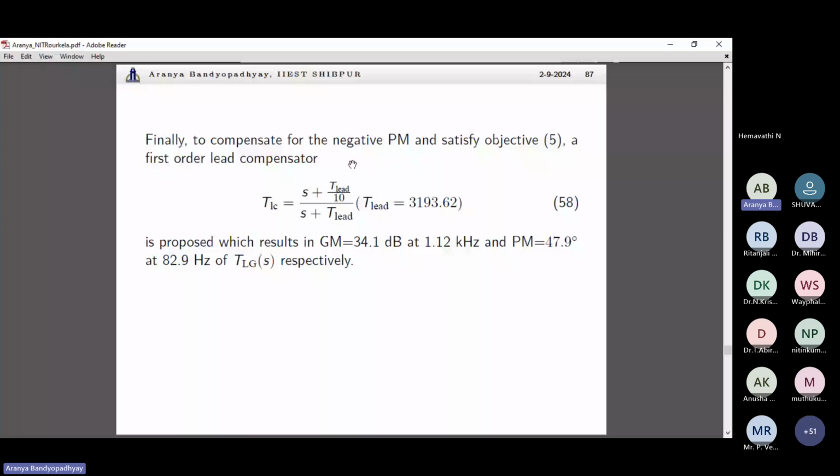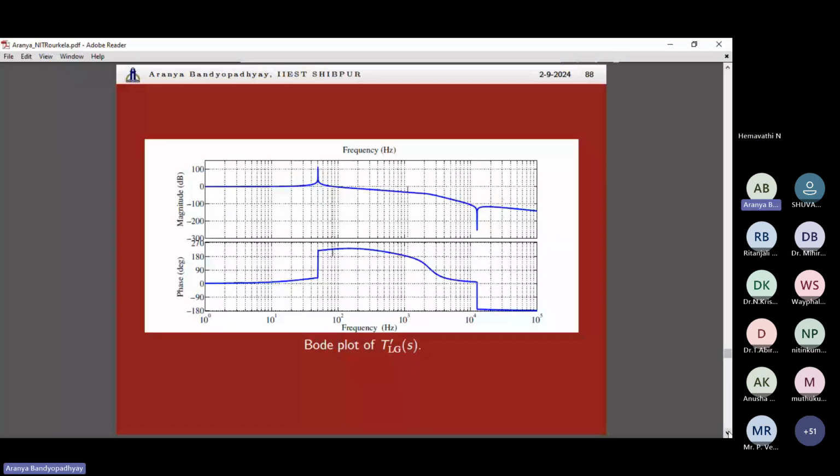and to compensate for the negative phase margin, we may incorporate a first order lead compensator. Okay, this will of course add an additional order to the system, but finally we have arrived at the frequency response plot about which we had dreamed at the very outset.